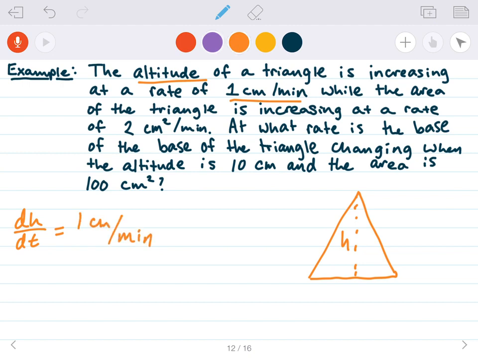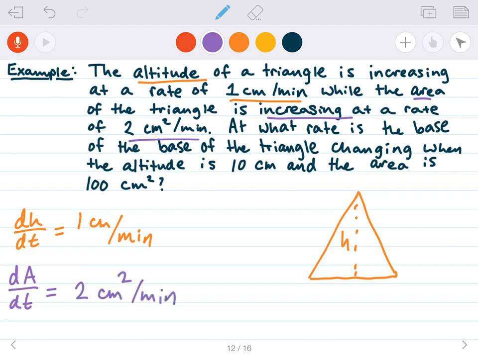Then they tell us that the area of the triangle is increasing at 2 centimeters squared per minute. So dA/dt, the area with respect to time, has an increasing rate of 2 centimeters squared per minute. Okay.